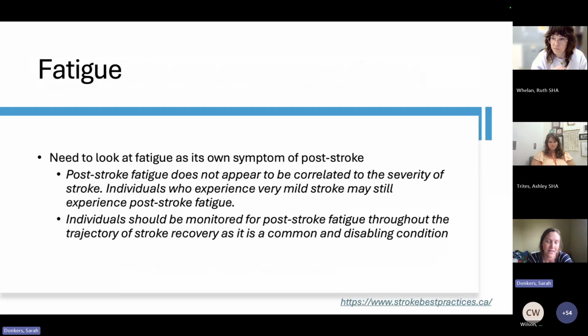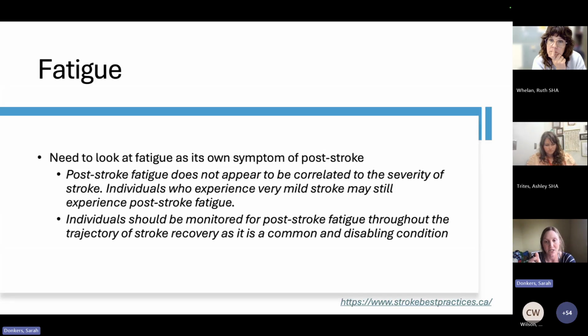Fatigue, I slipped this in earlier as well. So it's all of our job to screen, especially for things that go undetected, such as mood. But we're now seeing more research of the primary fatigue that's happening post-stroke. And so just being mindful that there's not necessarily a correlation between the severity of stroke and the severity of fatigue.